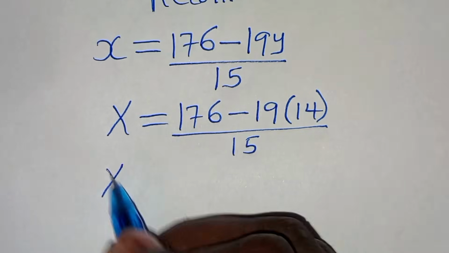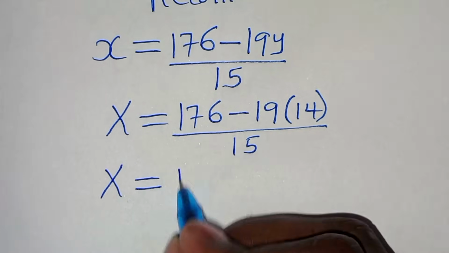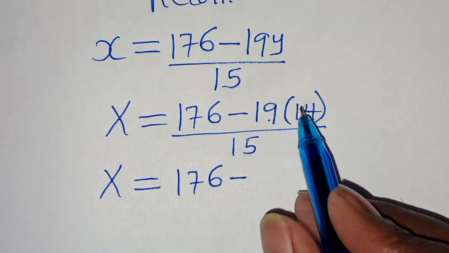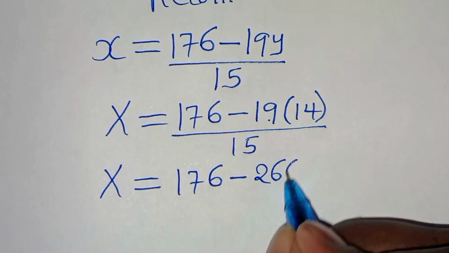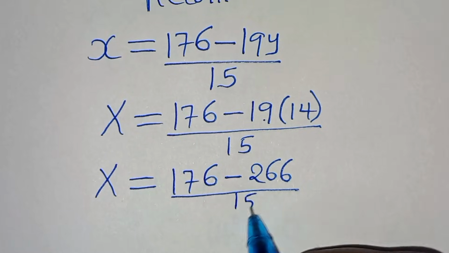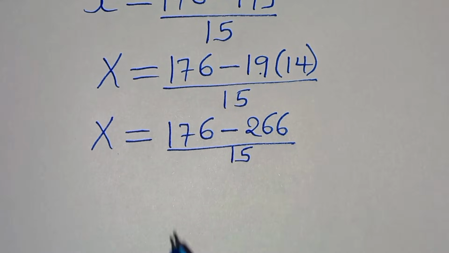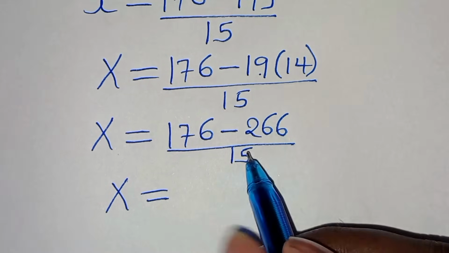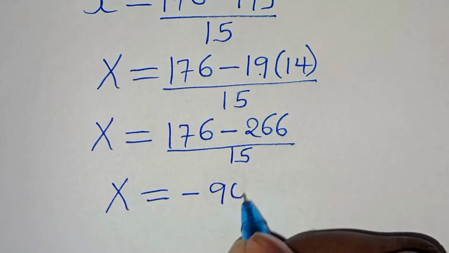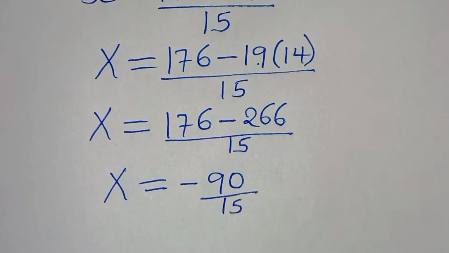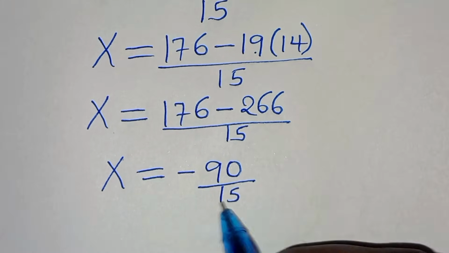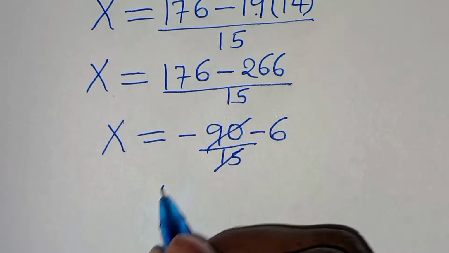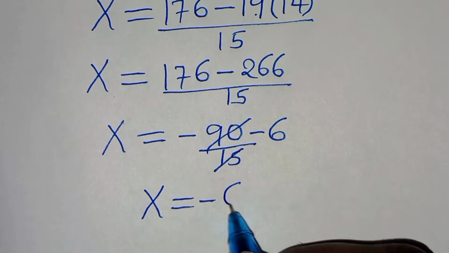So we have x is equal to 176 subtract 19 times 14, this is 266, divided by 15. Now we have x is equal to 176 minus 266, this is minus 90, divided by 15. So minus 90 divided by 15 is equal to minus 6. So we have the value of x is equal to minus 6.